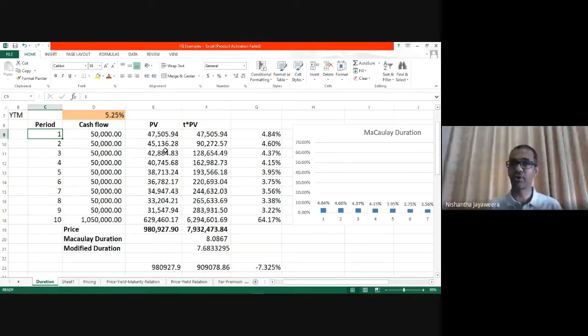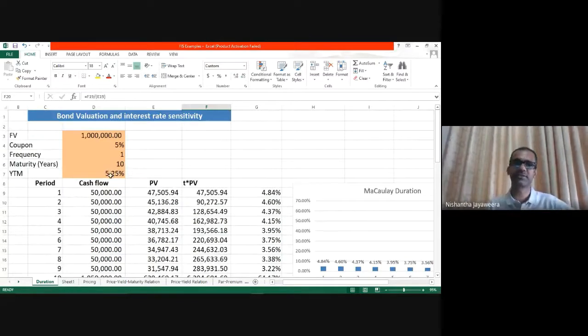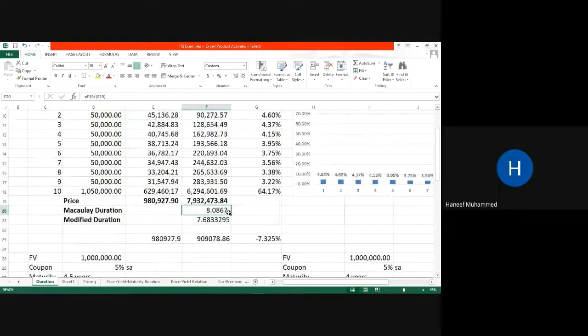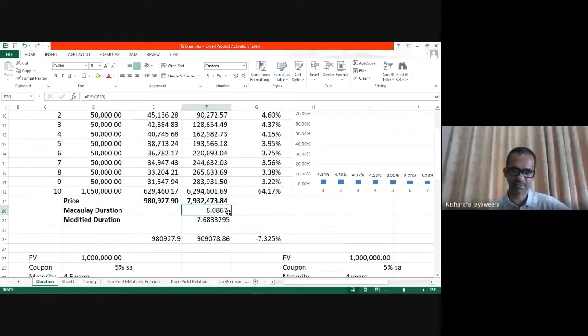But duration is not only about maturity. What is the yield that you are considering? What is the coupon of that bond? Everything factors into this. For this 10-year bond, the weighted average is coming to just more than 8 years.